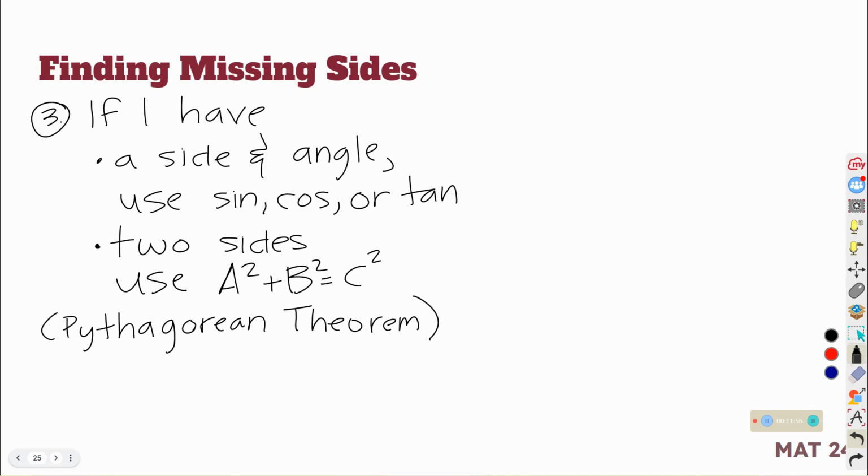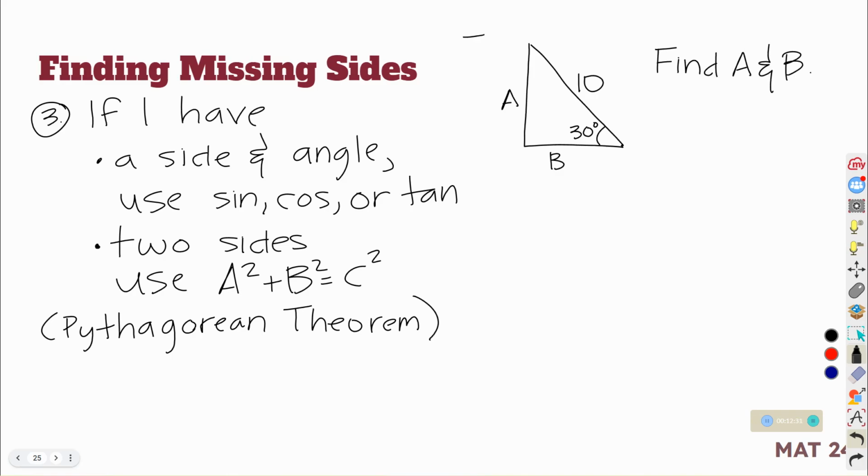Okay, let's do an example. I see a right triangle, so I know I'm working with trig functions, and a squared plus b squared is c squared.